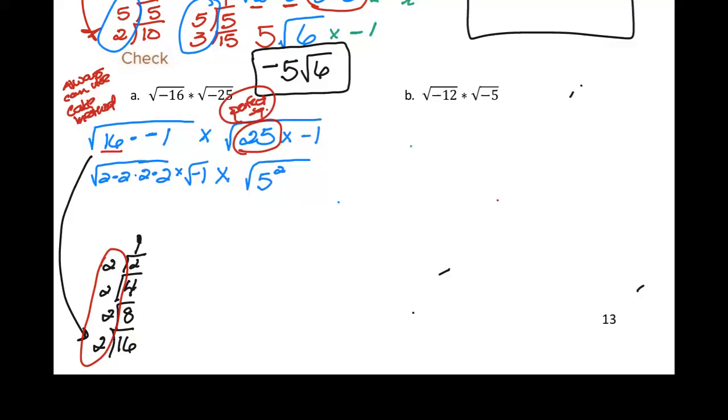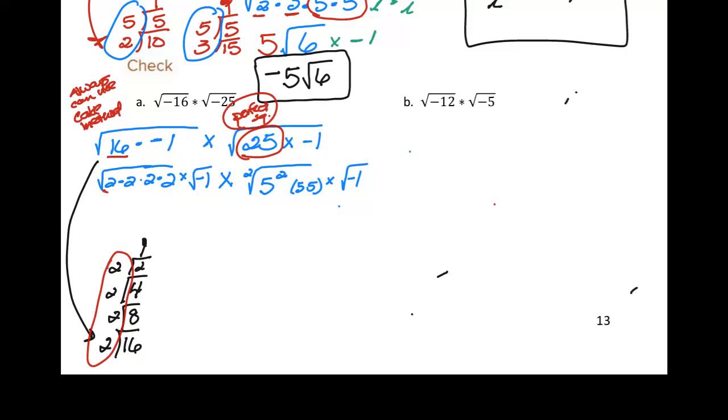Okay? And when you take the square root of something that is squared, it's like saying it's 5 times 5, which would be a double, which you would cancel out, or take one out. So that is the same, and then my last one, I'm going to say times the square root of -1.